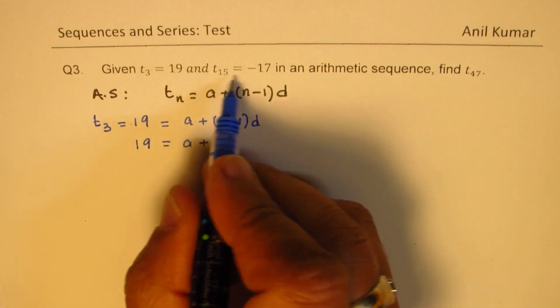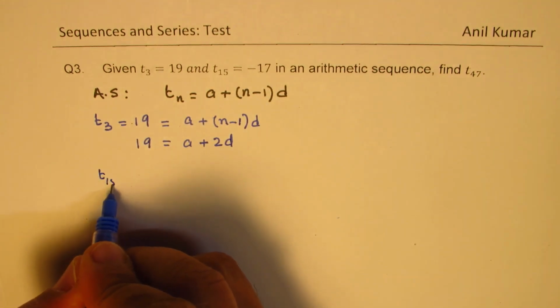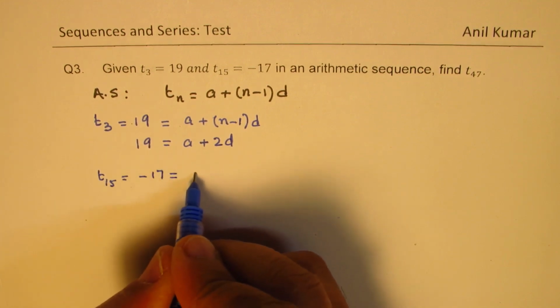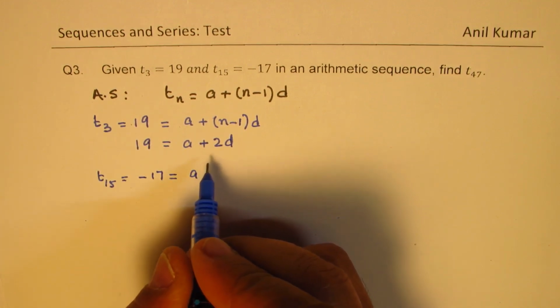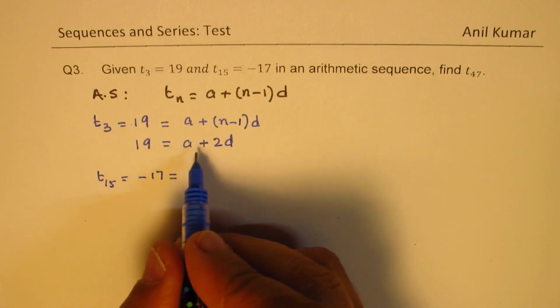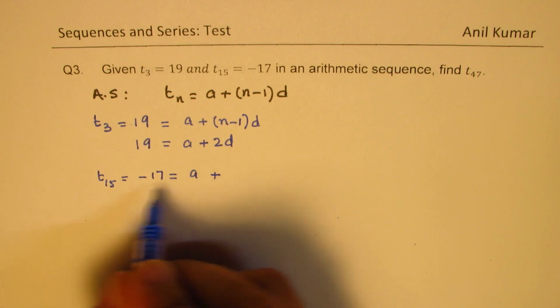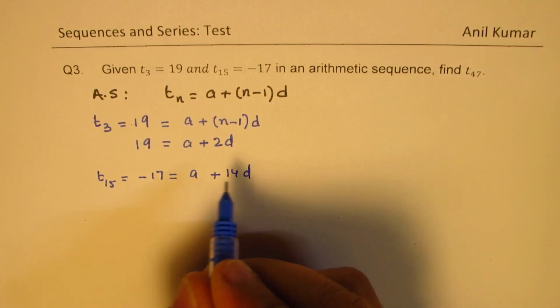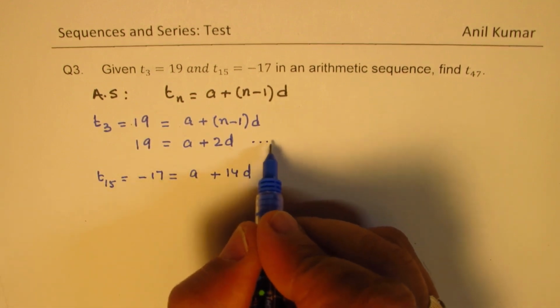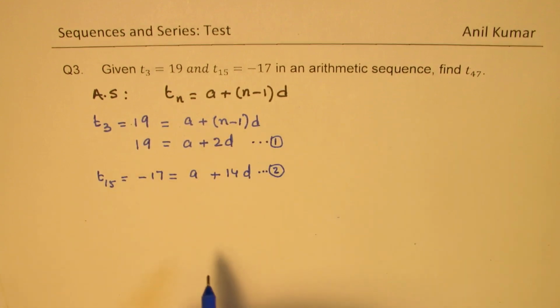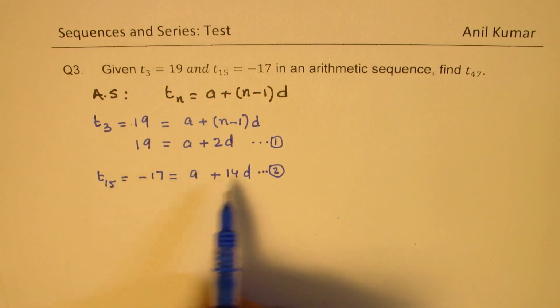Now for T15, which is given to us as minus 17, we could write this as a plus 15 minus 1, which is 14, so we can write 14d. So we basically get two equations, equation 1 and equation 2, and from these two equations, we can always find a and d.